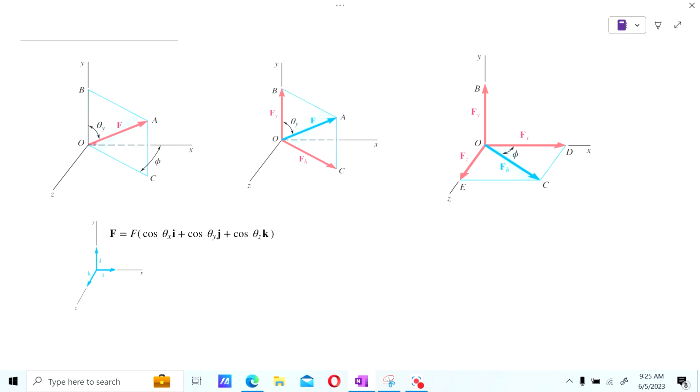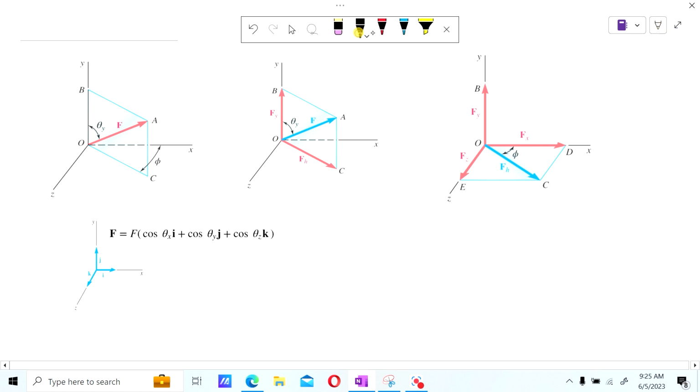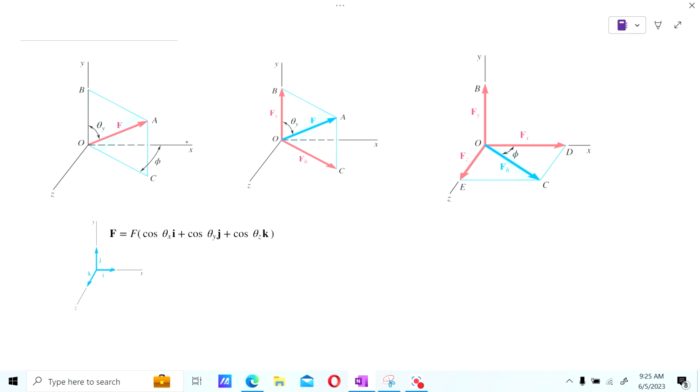So if they give us a system of forces, or just one force, and they give us the coordinate system, we just have to use that coordinate system. They're telling us that there's a force starting from the origin, which is very nice.